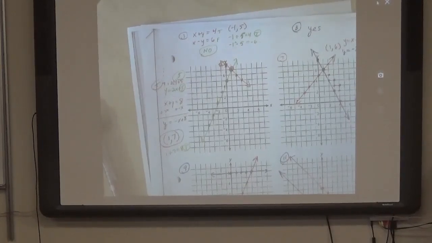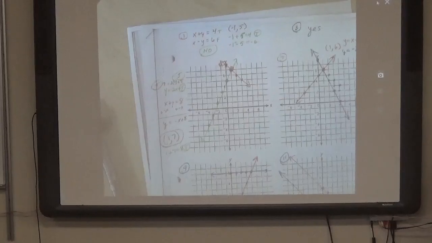What is 2 times negative 1, Caleb? Negative 2 is on one side. What is the y? 5. 5 minus 7 is negative 2. So negative 2 on both sides. One equals the other. Okay? You understand how to do these? Because you're going to have to do this on the quiz tomorrow.